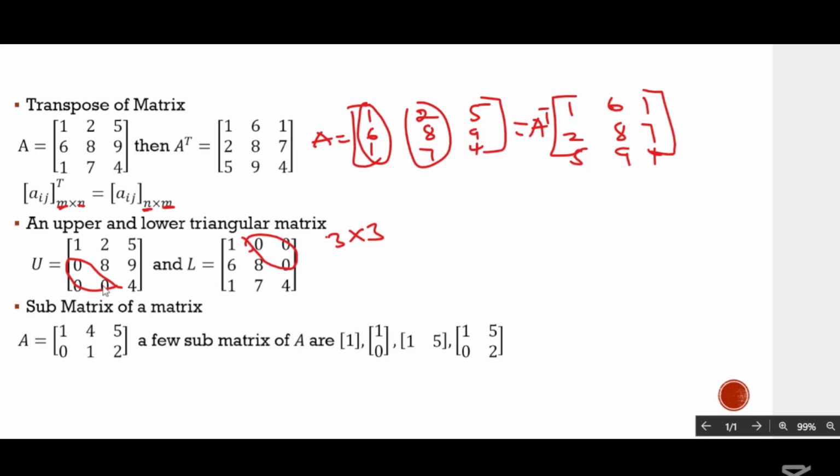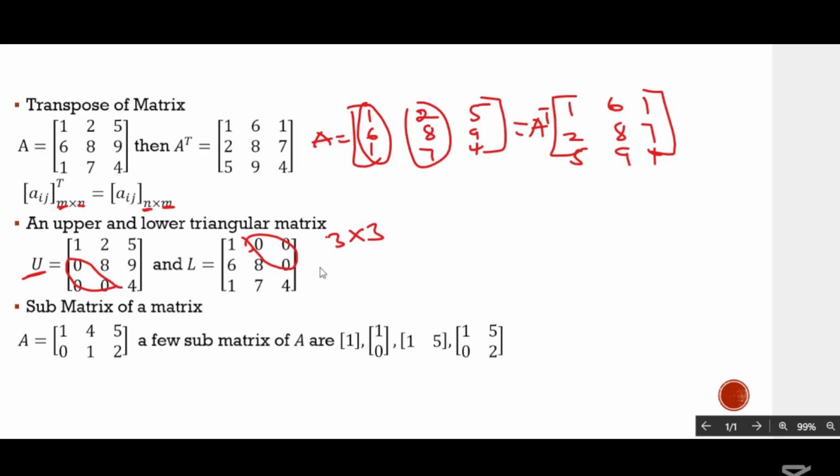If you have the zeros below the diagonal, it is called upper triangular. Then when you have zeros above the leading diagonal, you see that this is what a lower triangular matrix is. Now we have another special type of matrix called a singular matrix.